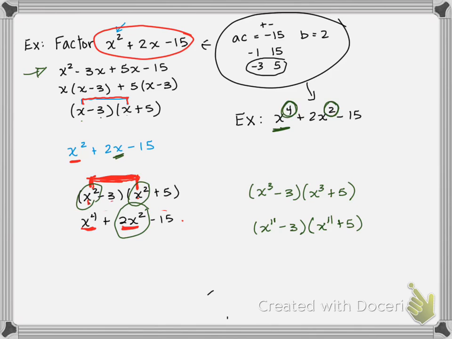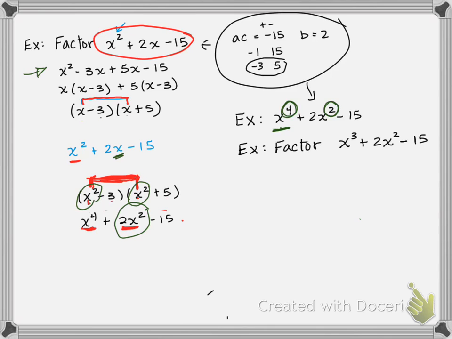Like if I said factor x to the third plus 2x squared minus 15, we wouldn't be able to do it, because in order to get an x to the third in that first term, I'd have to have an x squared here and an x here, right? That's the only way to get x to the third in the first term.